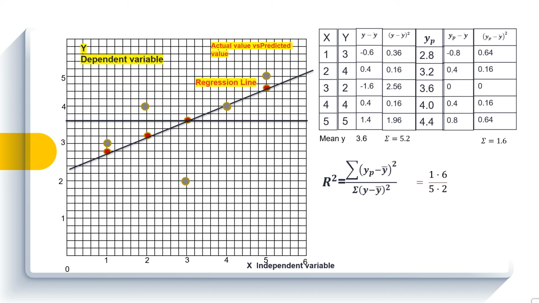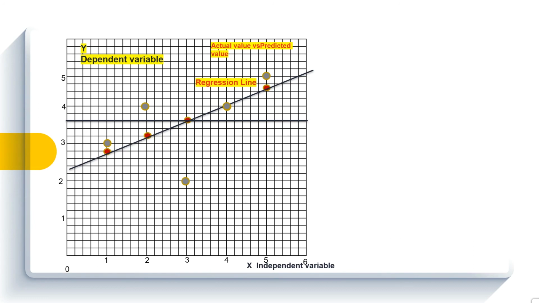So the value of R-square can be calculated as 1.6 upon 5.2. The result we get is approximately equal to 0.3. Well, this is not a good fit. It suggests that the data points are far away from the regression line. This is how your graph will look when R-square is 0.3.